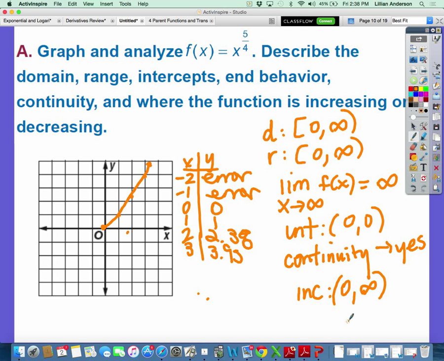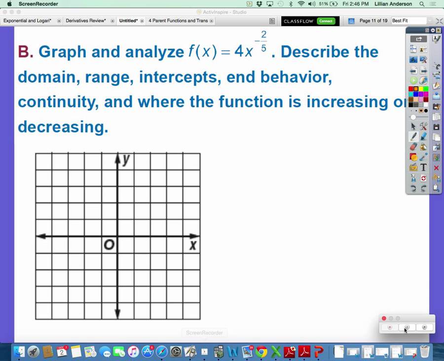Let's do the next one. When you plug in -2, what do you get? 3.03. When you plug in -1, what do you get? 4.